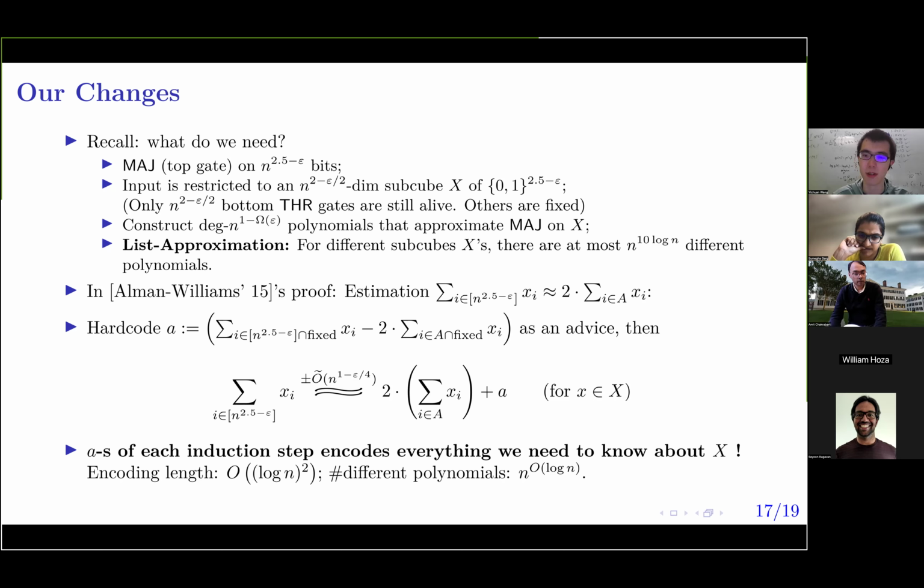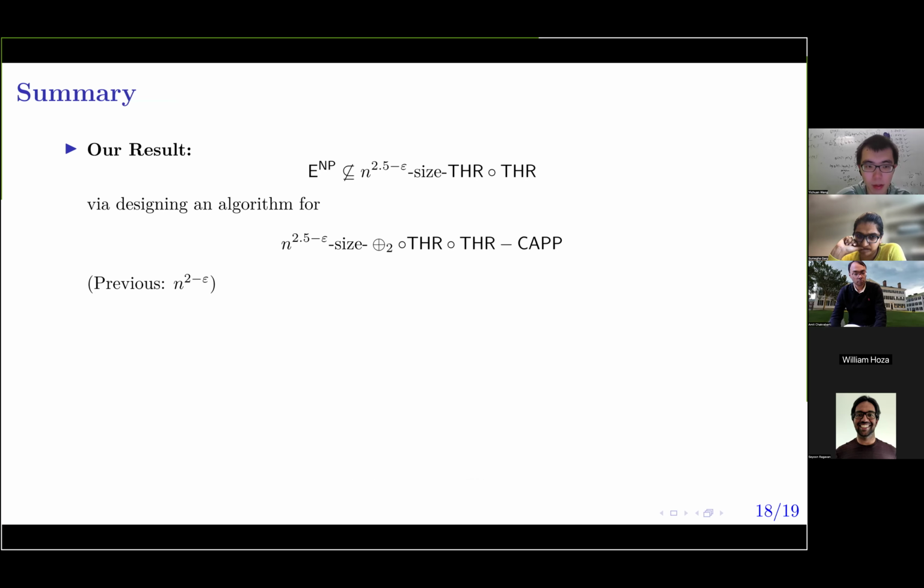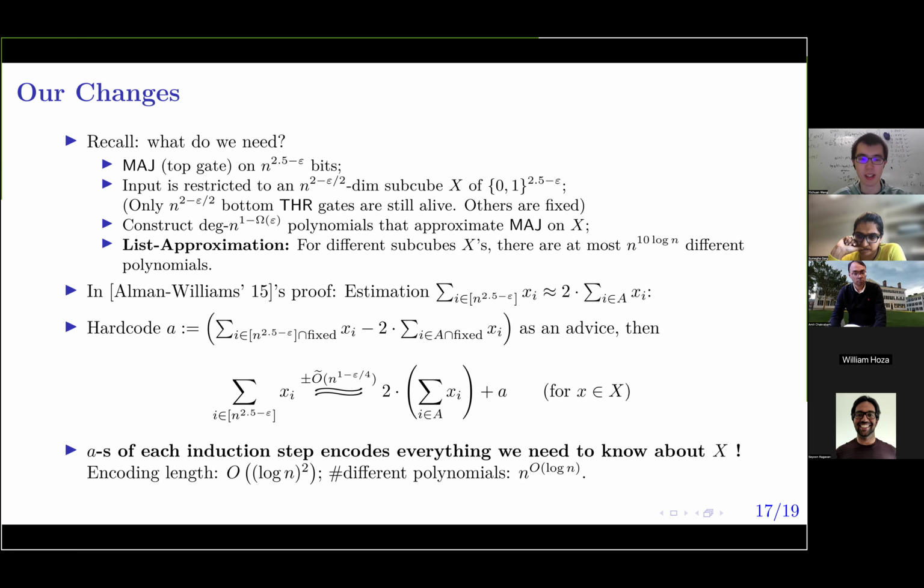So this means the different polynomials we construct number only n^O(log n). Okay, so this is our change to the Alman-Williams proof. So it works for our setting.